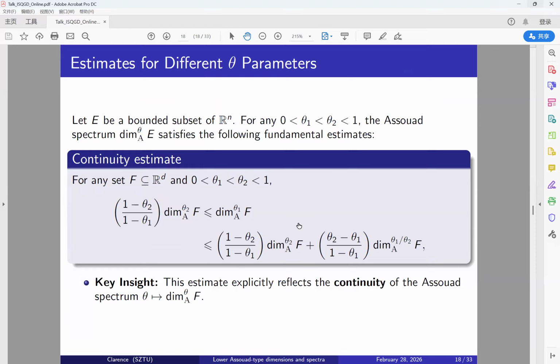So let E be the bounded set, and then for any theta 1 more than theta 2, the Assouad spectrum satisfies these continuity estimates.